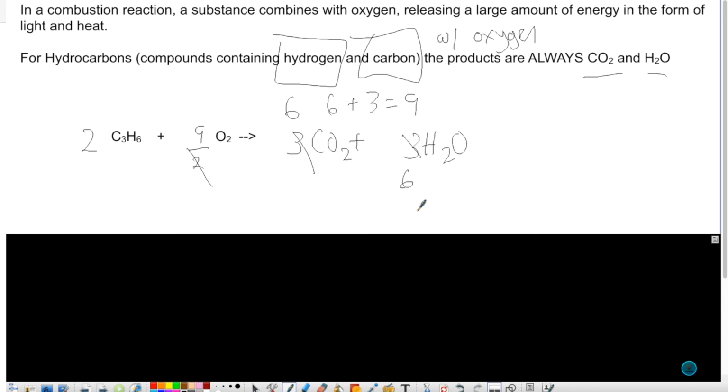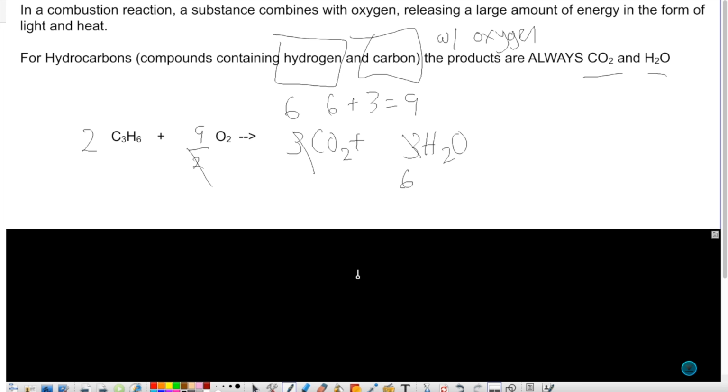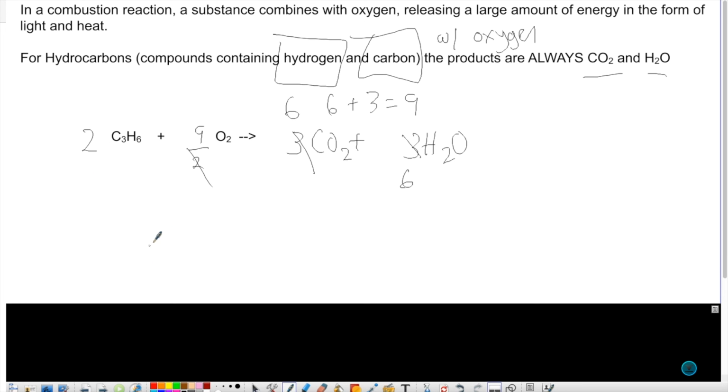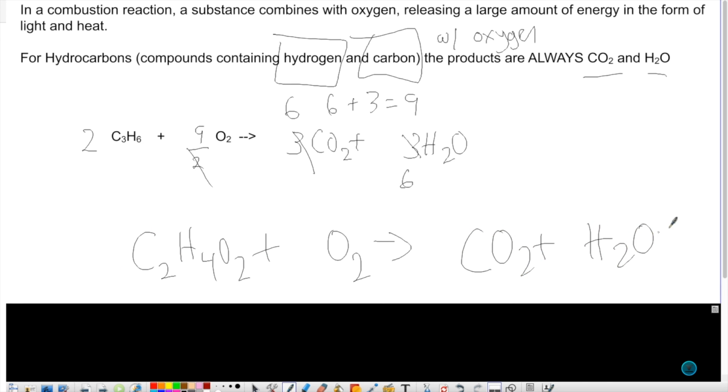The balancing on these can be a little tricky. If you use the fraction method, you'll never have a problem. Again, you could see something like C2H4O2 plus O2 yields, and I want you to know that this is still close enough to a hydrocarbon that it's CO2 plus H2O. I'm not even going to balance that. So those are all the types of reactions that I want you to know.